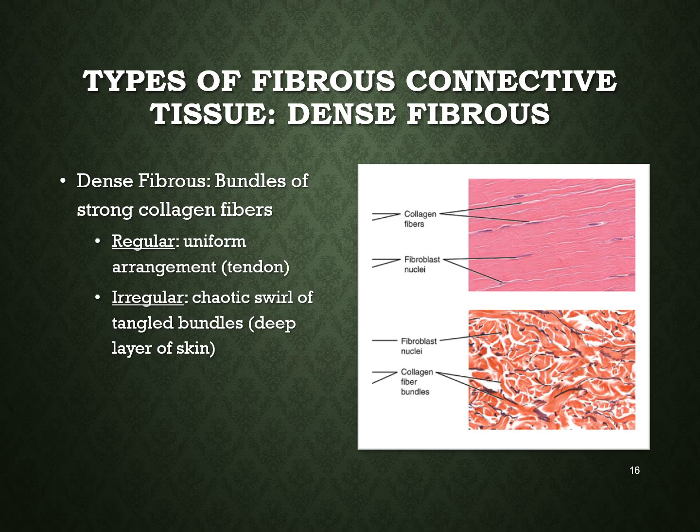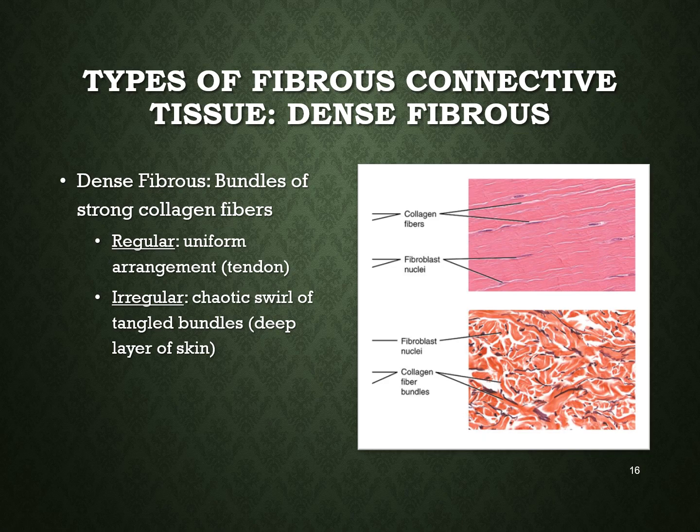The last type of fibrous connective tissue that we're going to talk about is dense fibrous tissue. Now there's two different types of dense fibrous tissues, regular and irregular, both being made up of bundles of strong collagen fibers.